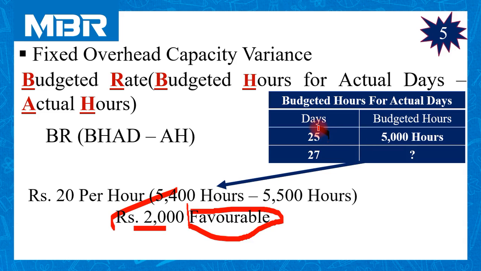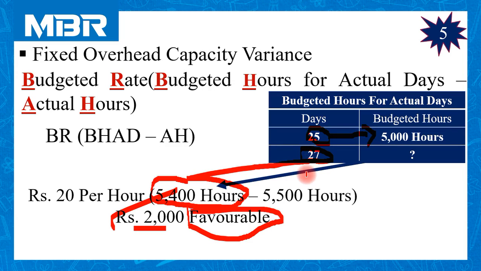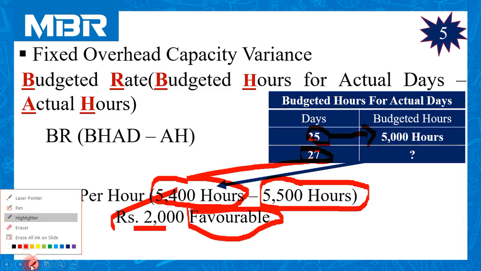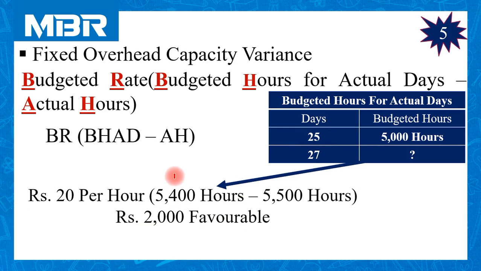If you expect that in 25 days your employees have to work for 5,000 hours, so with the same capacity they can work for 5,400 hours in how many days? 27. But they have actually worked for 5,500 hours. It means their capacity is to work for only 5,400 hours, but they actually worked for 5,500 hours.